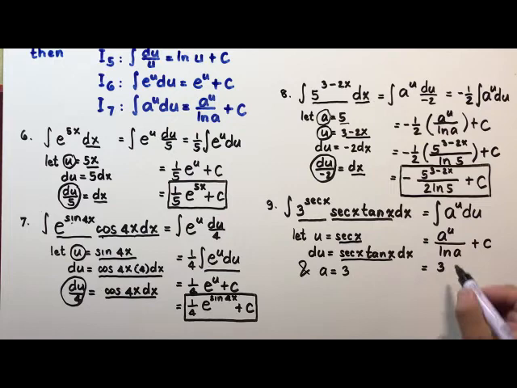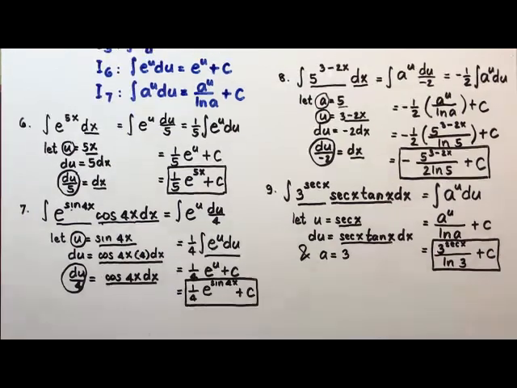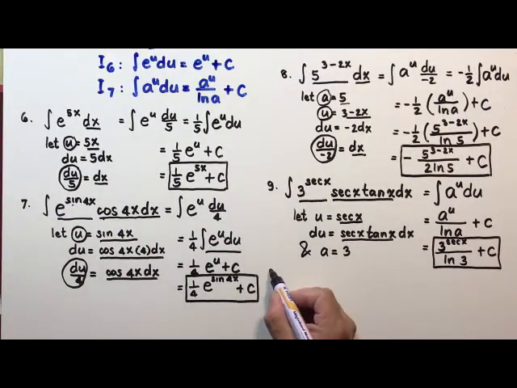And our u is secant x. So 3 to the power secant x over the natural log of 3 plus c is our answer for example number 9. So let's proceed to our last example, number 10.